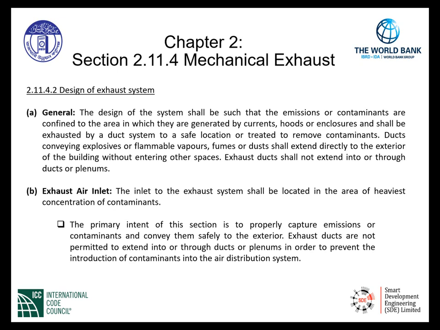The general provision in item A gives us very specific information whereby we have currents, hoods, or enclosures. We need to exhaust these capture devices by means of a duct system to a safe location.